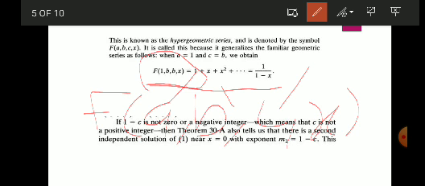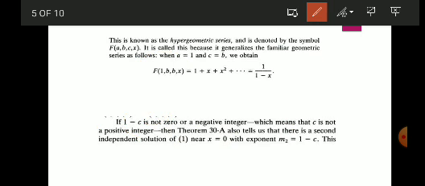F of 1, b, b, x, that equal to, from the expansion the first term is 1, then the second term ab by c, a equal to 1, then b by c is also 1, then b by b x, that equal to x.